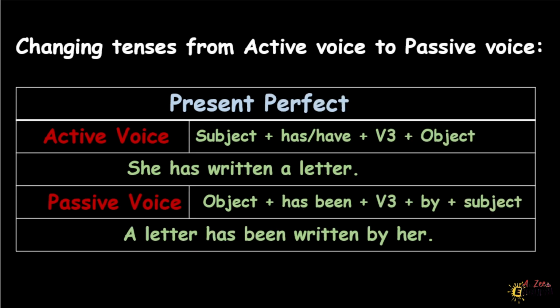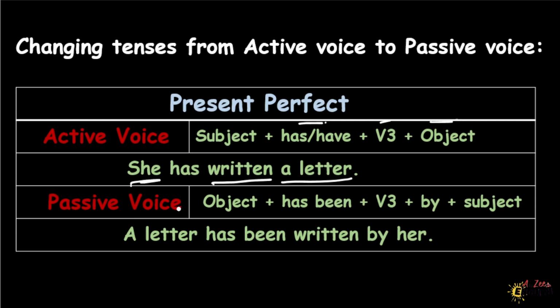Present perfect. In present perfect, the active voice is subject plus has or have plus third form of verb plus object. For example, she has written a letter. This is the object part. This is the verb V3 and this is the subject.